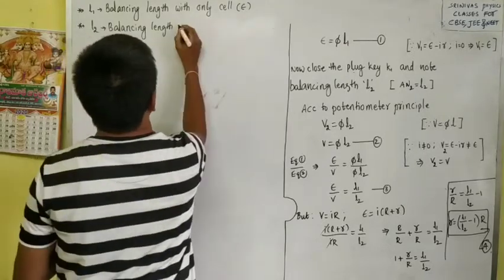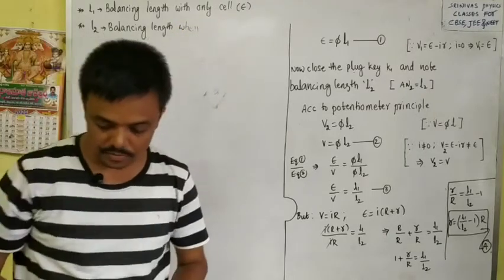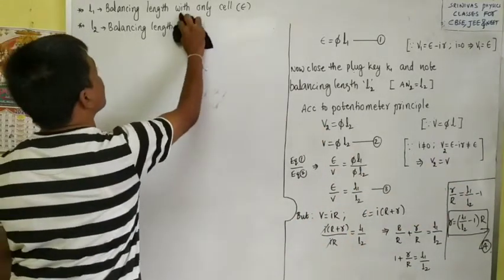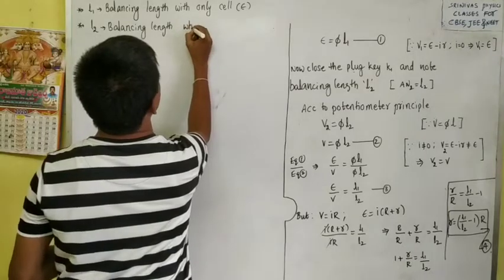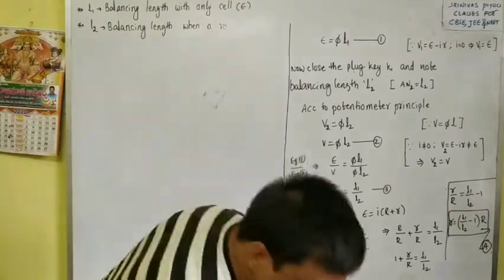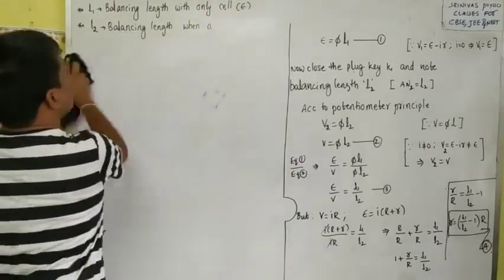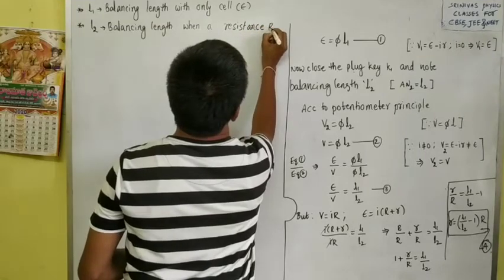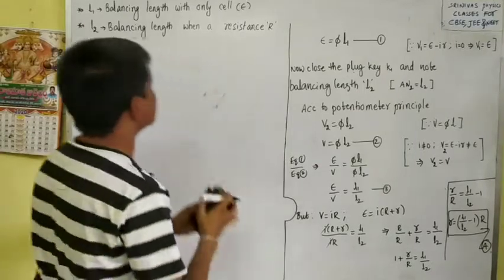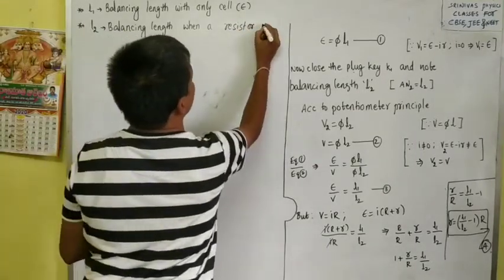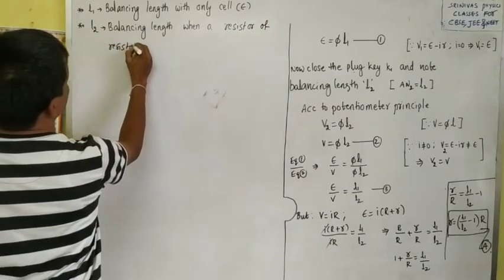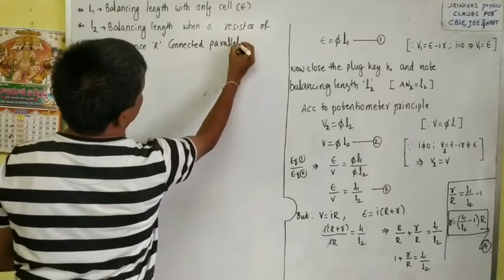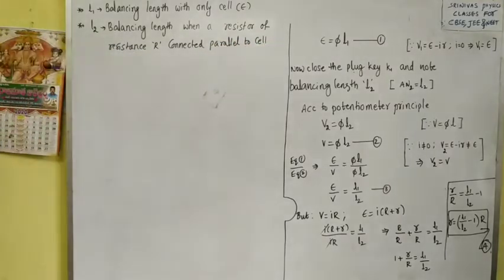Balancing length when a resistor of resistance capital R is connected parallel to the cell.